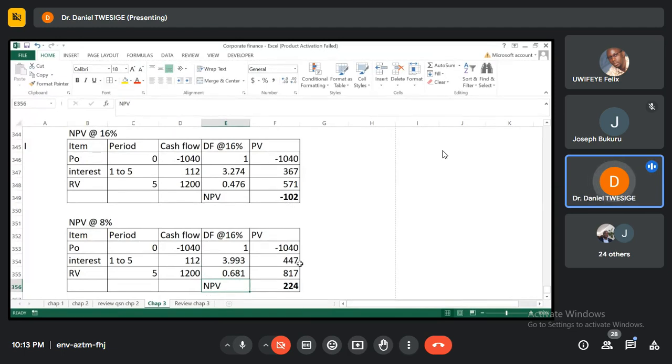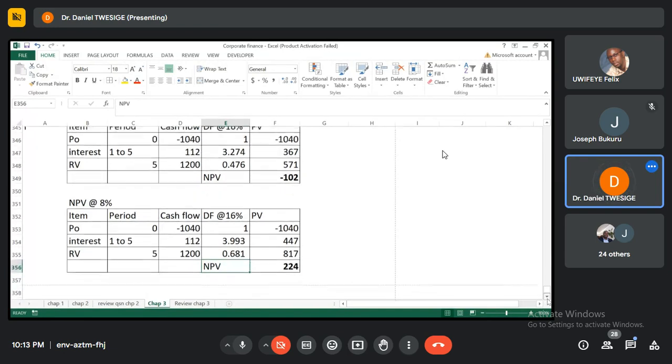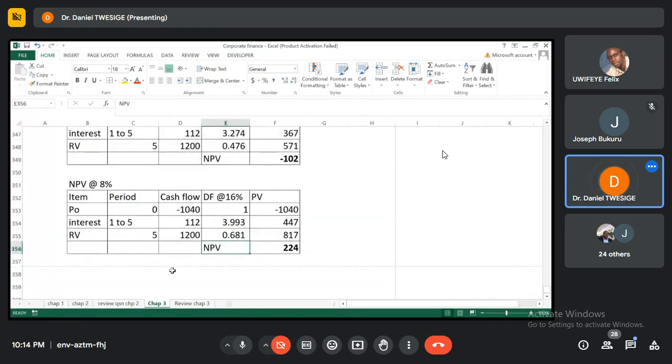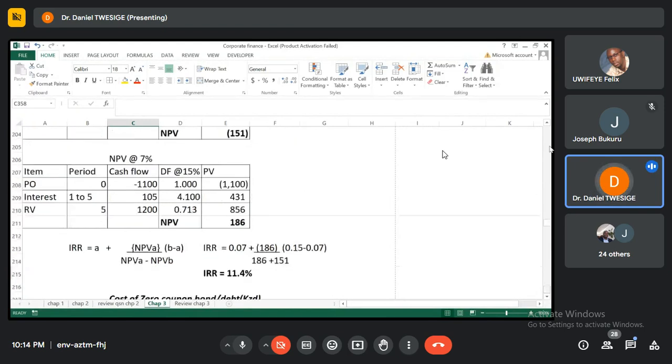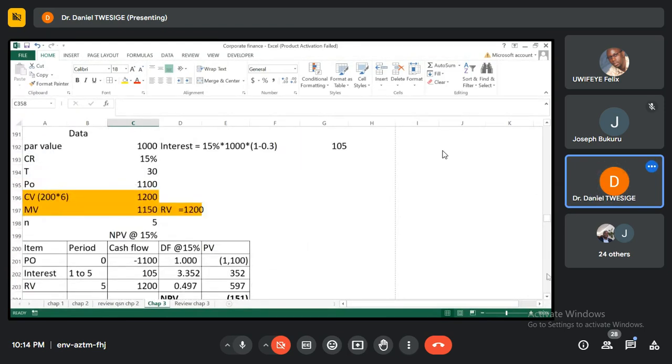Once I have a positive and a negative, I can now interpolate to get my IRR, using our interpolation formula that we know. I can even copy it up.